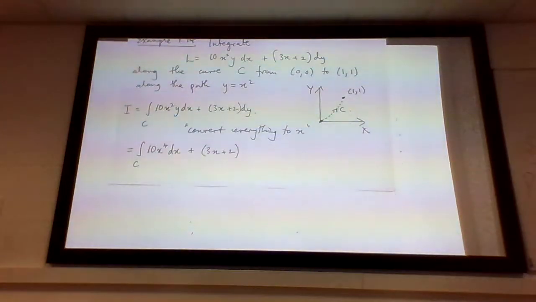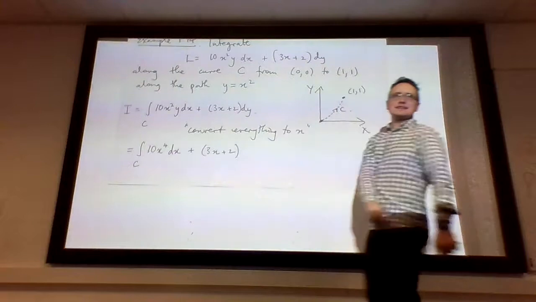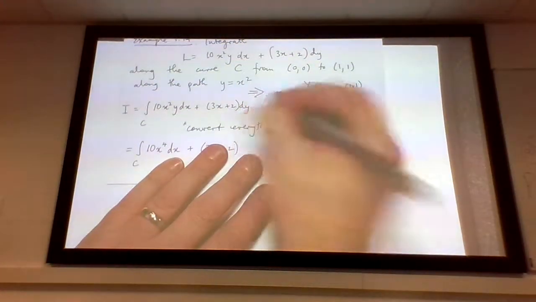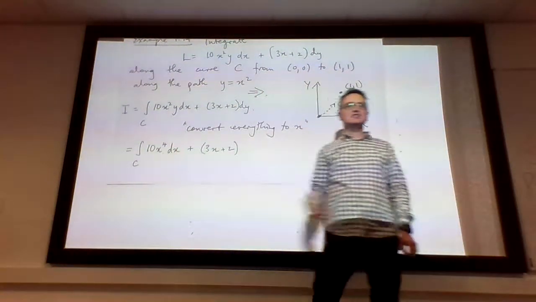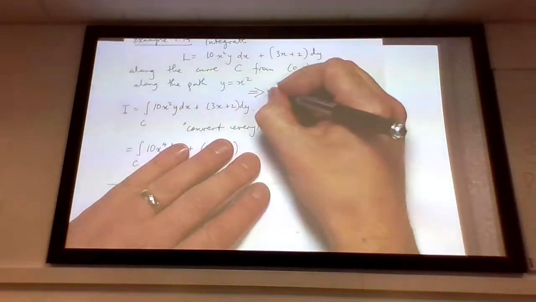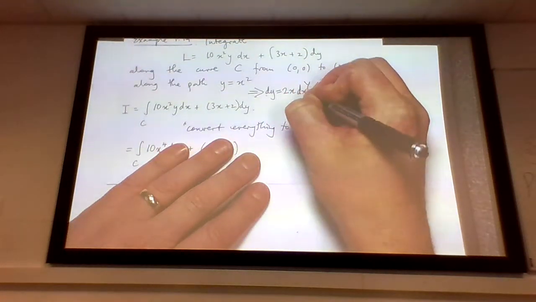But now we were looking at the differential dy. Of course, if y is equal to x squared, then we can apply a kind of chain rule to work out the relationship between the differentials dy and dx. And dy is actually going to be 2 times x dx.